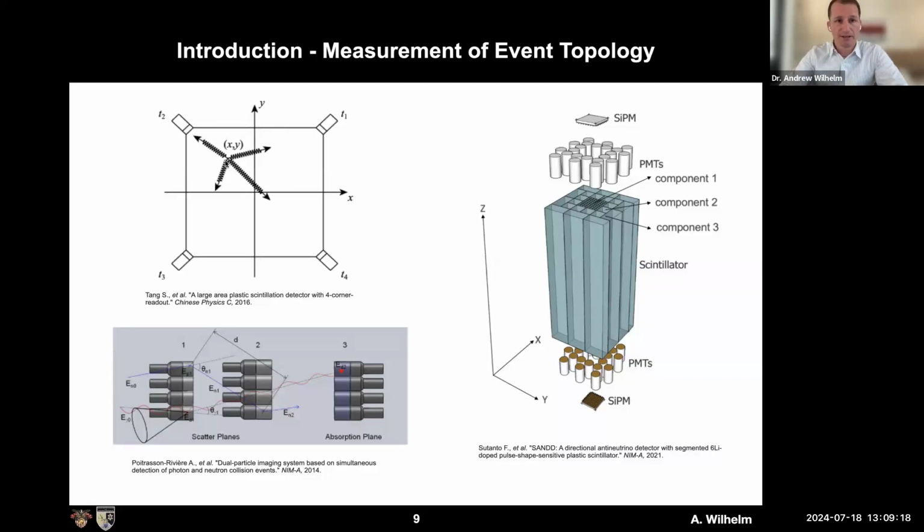If you imagine you have an event occurring at this location here, then the time it takes for light from that event to reach this photosensor will be shorter than the time it takes for light from this event to reach this much further away photosensor down here. So by comparing the different timestamps of light arrival at T2 and T4, that gives you an indication of where that event took place. And then similarly, between T3 and T1, that gives you the other dimension. So this allows you to reconstruct in 2 dimensions the location of an event in a detector of this type.